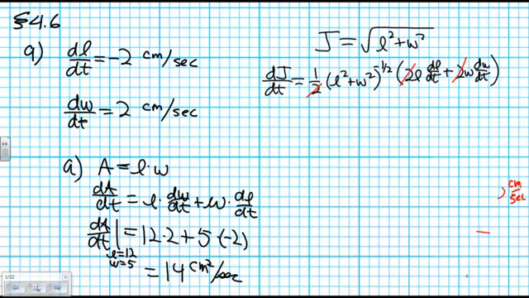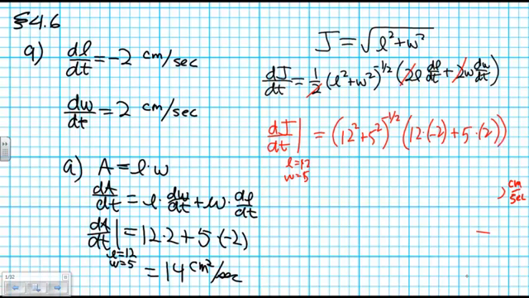Alright, so let's find out what is dJ/dt when L is 12 and W is 5. It's going to be 12 squared plus 5 squared to the negative 1/2, times 12 times negative 2 and 5 times 2.